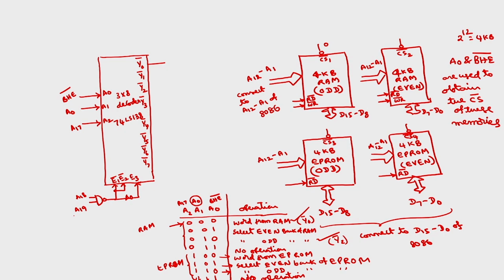So what will be the logic? You simply connect Y0 bar and Y2 bar through a NAND gate to the chip select of this. So if either this is 0, what will be the output? Output will be, sorry, this is not a NAND gate, this should be an AND gate.